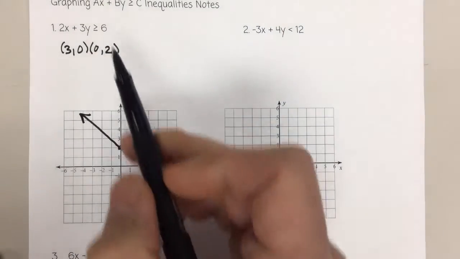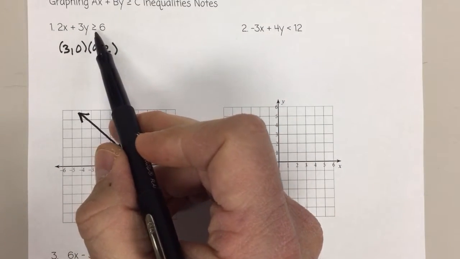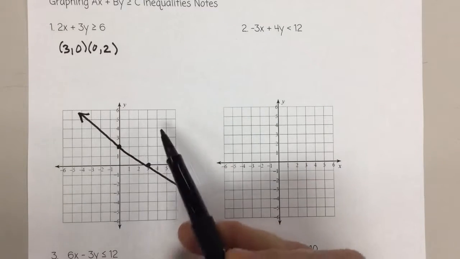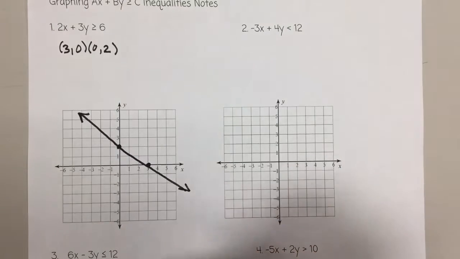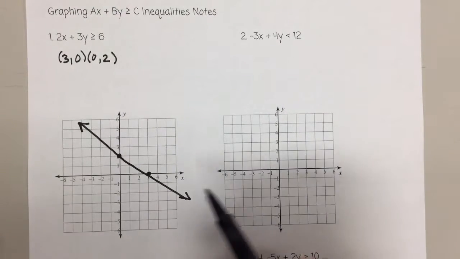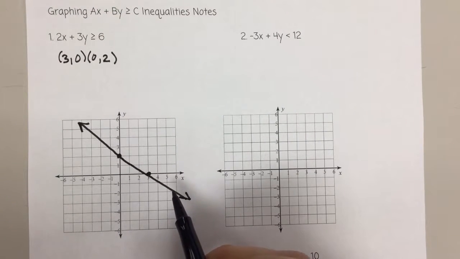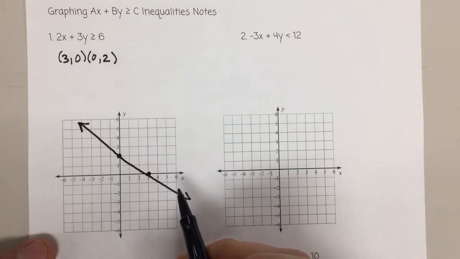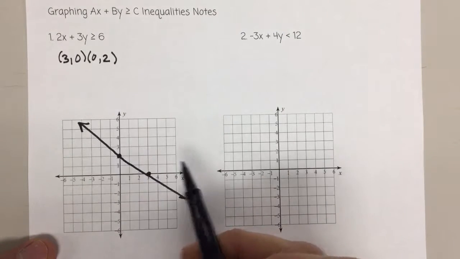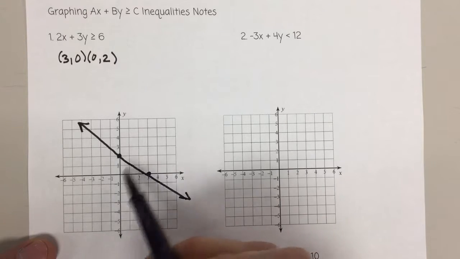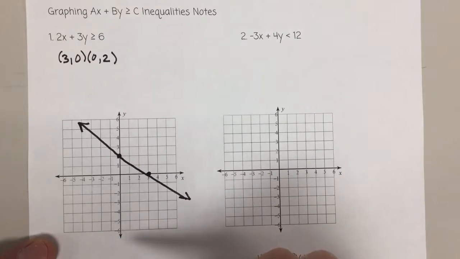Okay. Because there's a greater than sign, though, that means I'm going to shade one side or the other of this graph. These don't shade as easily as the equations that were in y equals mx plus b form. For this situation, we need to test a point to determine which side to shade.